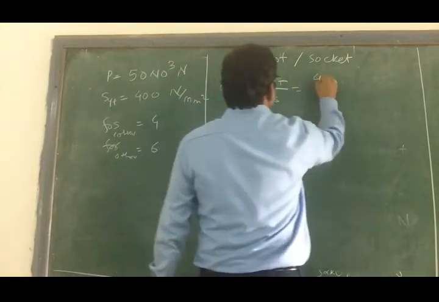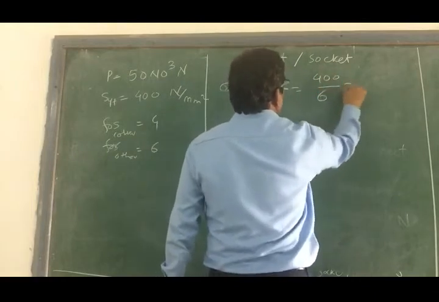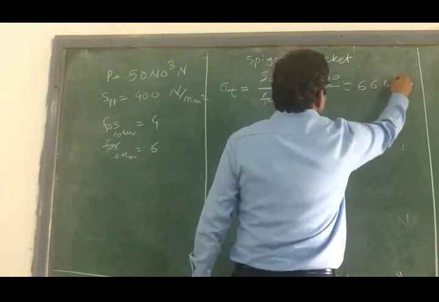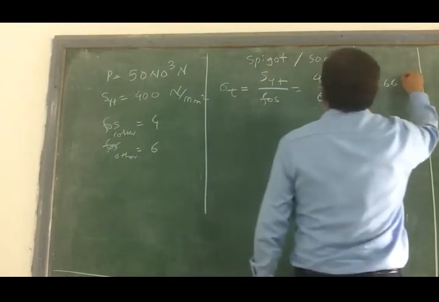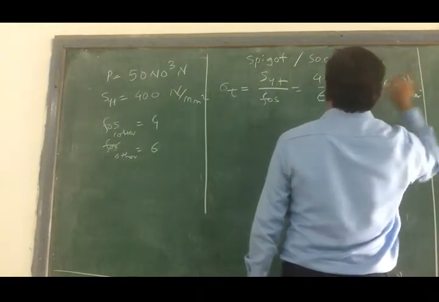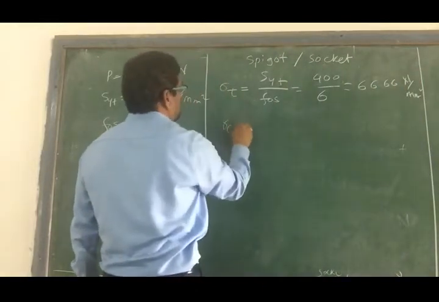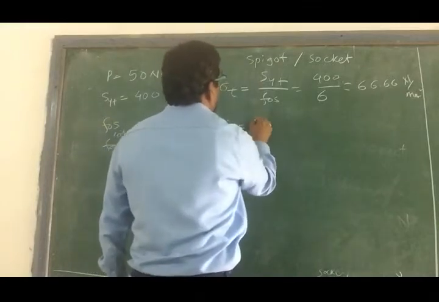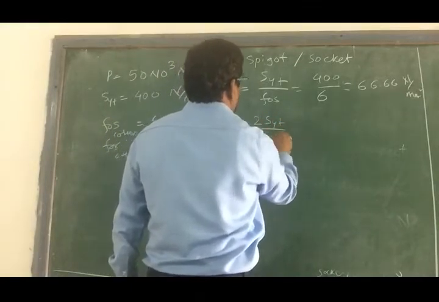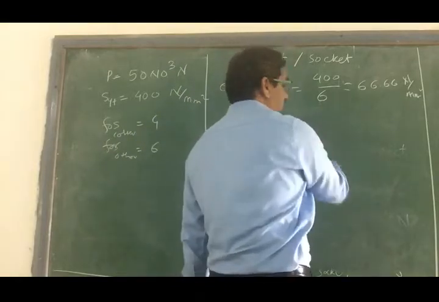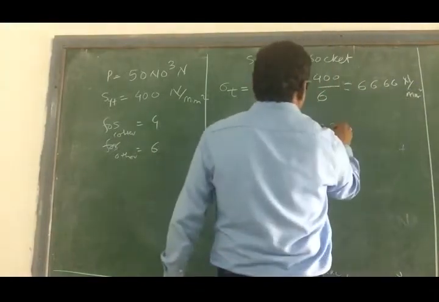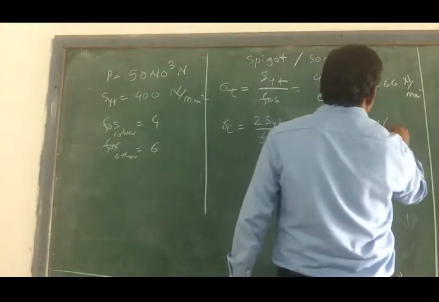So it is 400 divided by 6, which is 66.66 Newton per mm square. Now sigma C is basically twice of SYT upon factor of safety, so it becomes double of this, 133.33 Newton per mm square.